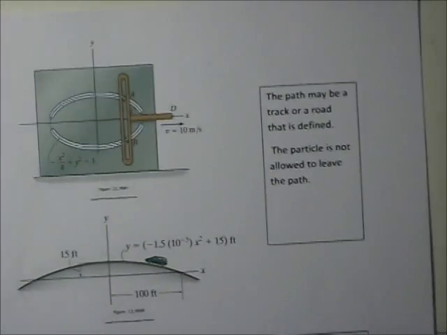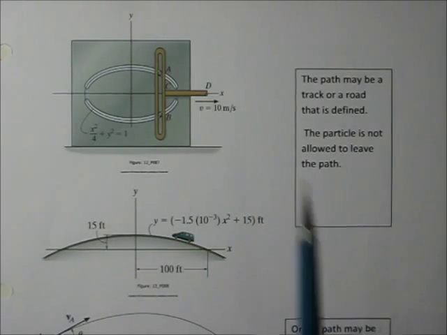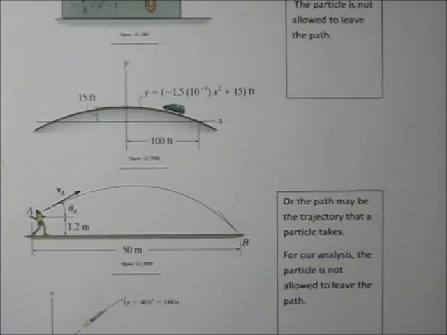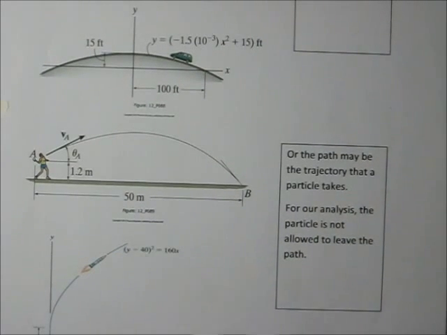Okay, a couple of other things about what kind of problems we might encounter in this type of behavior. In general, again, the particle does not leave the path. And the path can be a variety of kinds of things. It could be a slot that it doesn't move out of, or a road that it stays on, or a trajectory from a projectile, or a trajectory from a rocket.